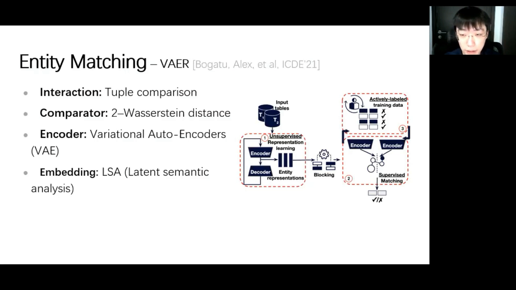For the first step, representation learning, it's unsupervised and achieved by an autoencoder model. And the supervision is only used in the matching part. Also, the third part uses an active learning trick to further reduce the labeling cost.